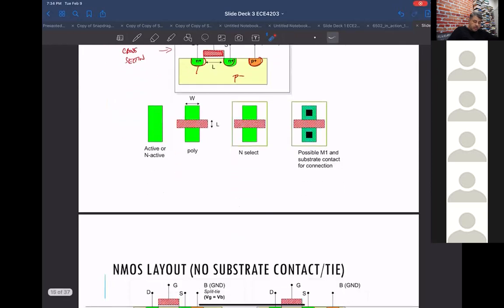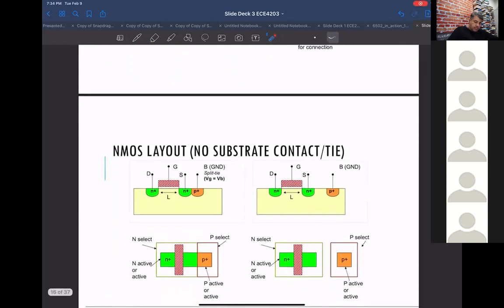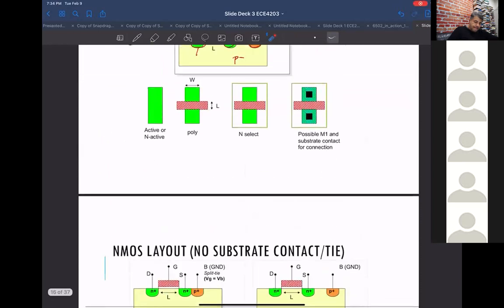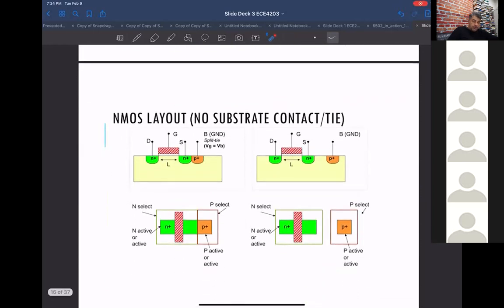Okay, it's a little hard to visualize. Then there's a couple of flavors on how to put the substrate contact, but the easiest one to understand is this. Remember we had the N select over active that said put N implant here, but the poly basically masked off this area, so you only ended up with N plus here and here.